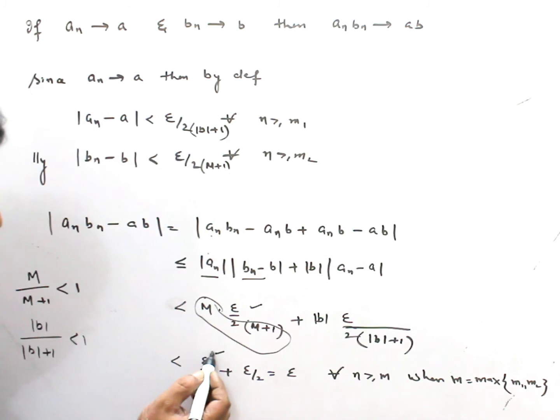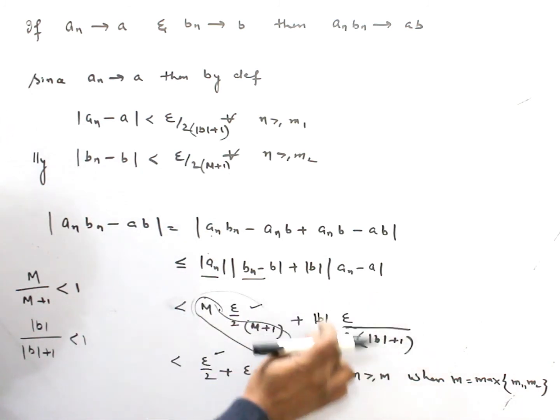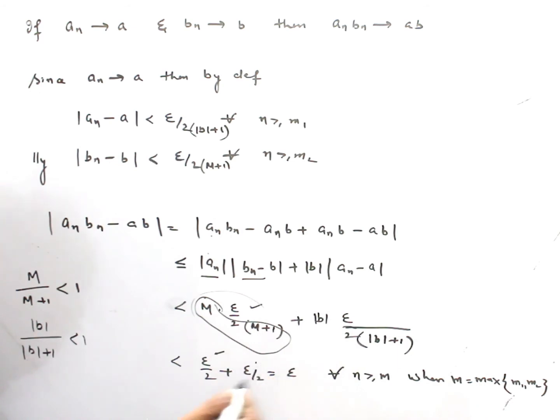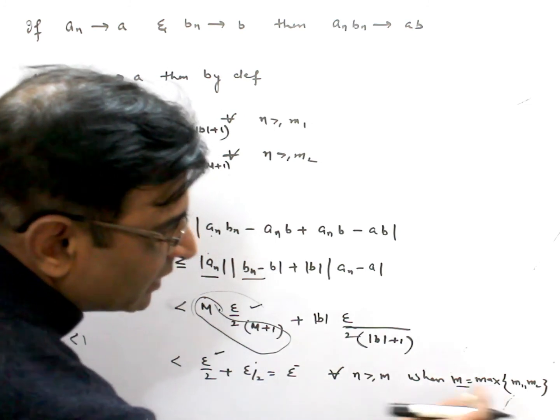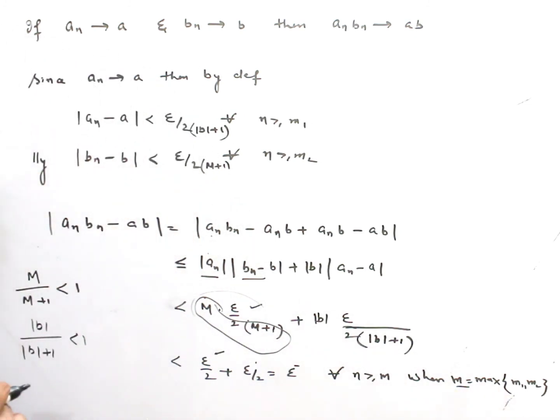So this whole is less than epsilon by 2, this whole is also epsilon by 2. So this is epsilon. I take m as the maximum of m1, m2.